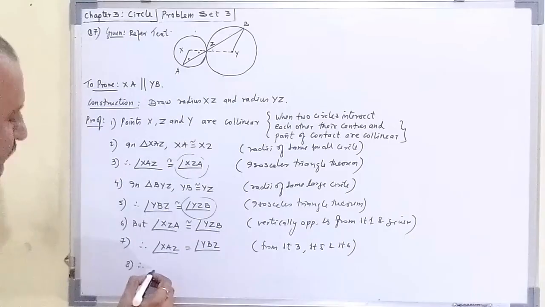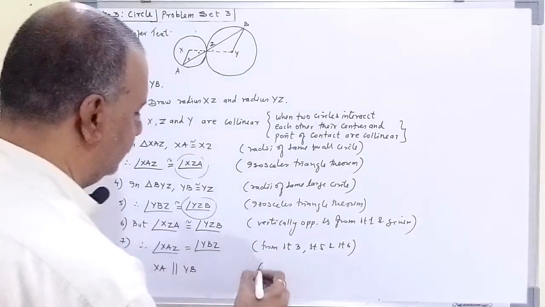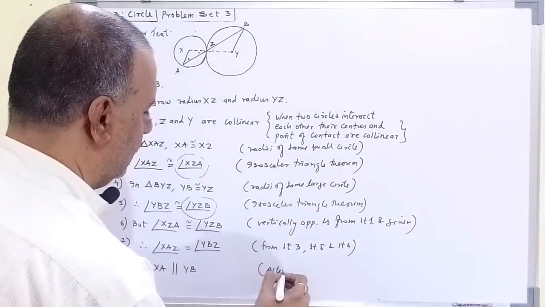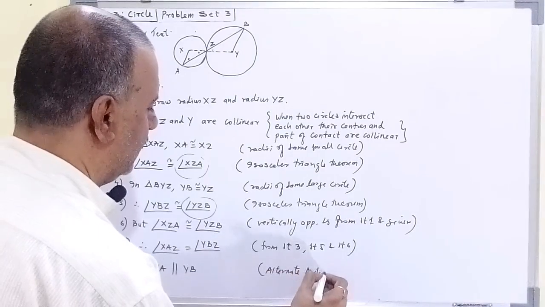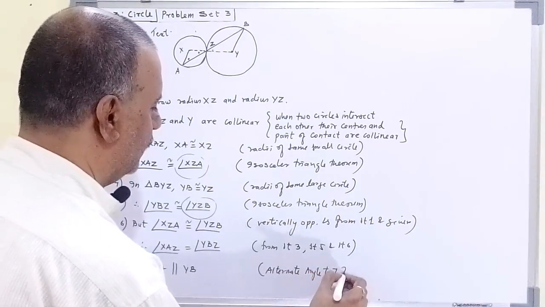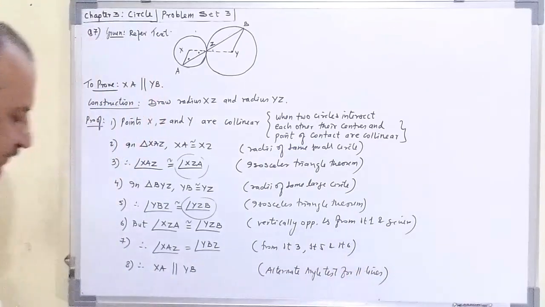Therefore, XA parallel to YB, alternate angle test for parallel lines.